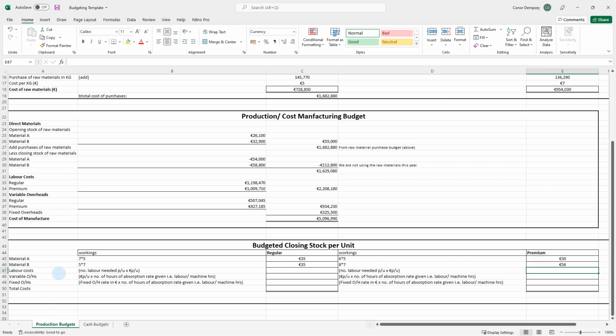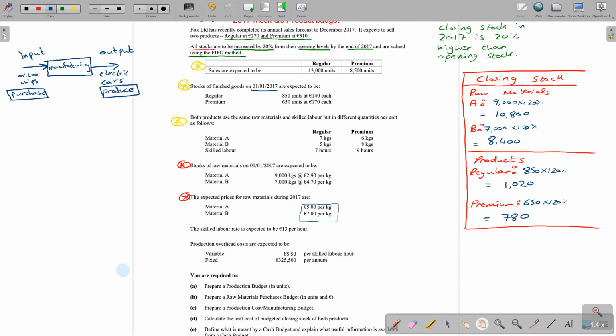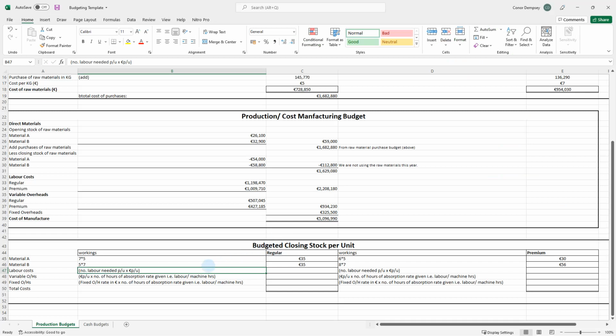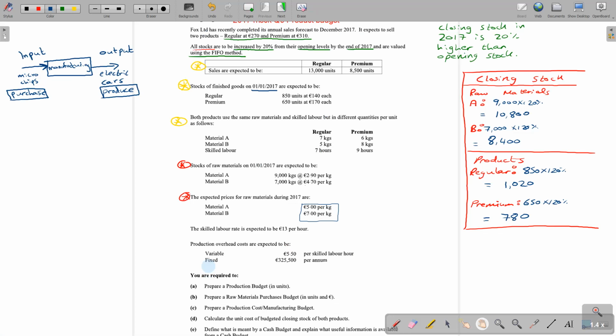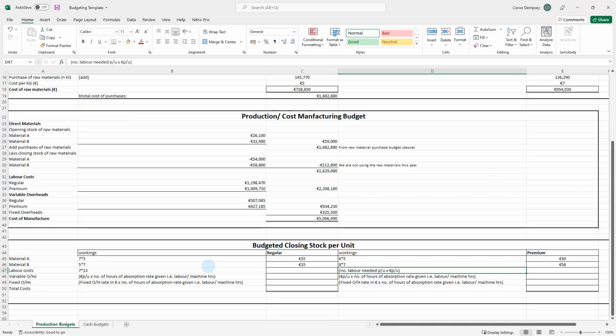Perfect. Now, the labor costs. So how many hours of labor needed multiplied by the cost? We need 7 hours and 13 is the cost. 7 by 13 and 9 by 13.